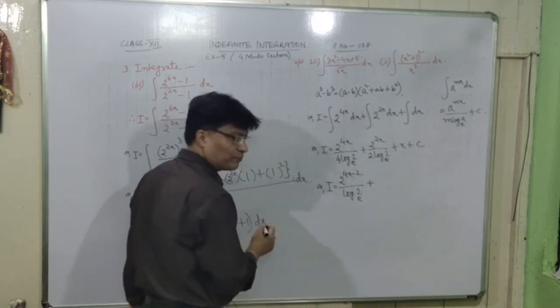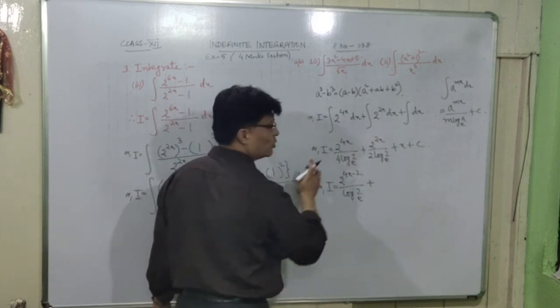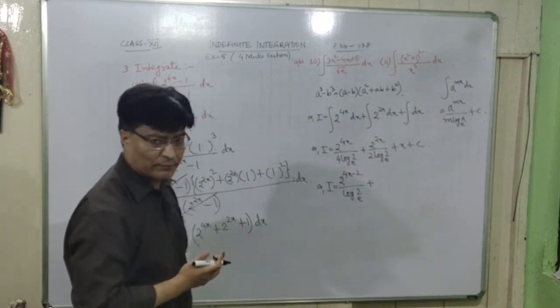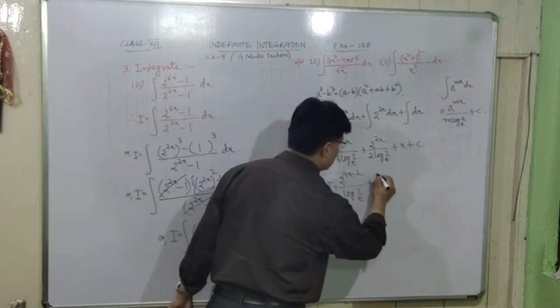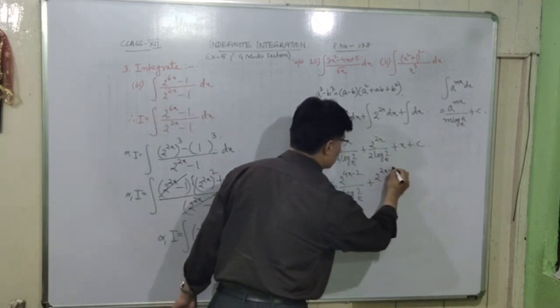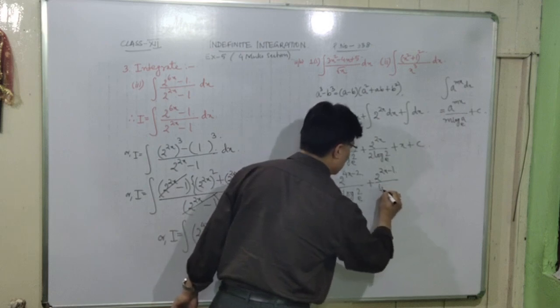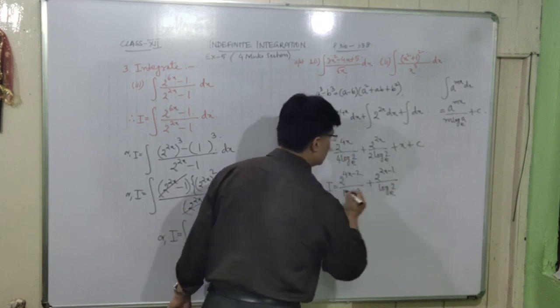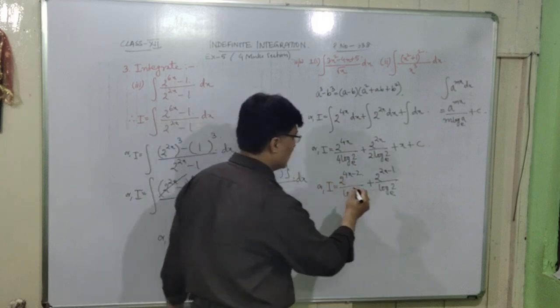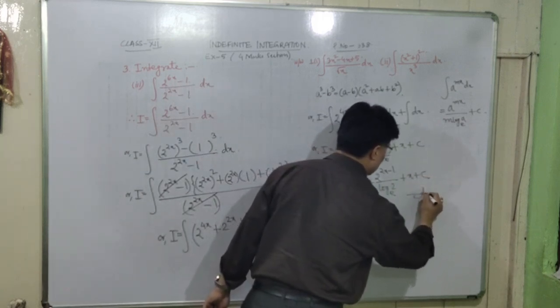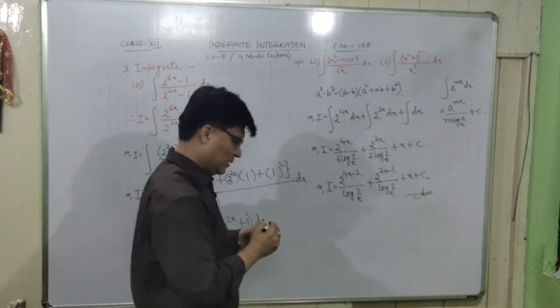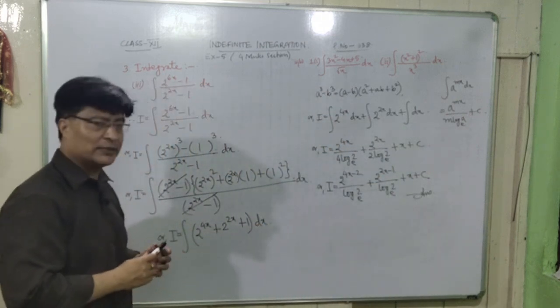Plus here also, when this 2 goes up in the numerator, it becomes 2 to the power minus 1. And you can simplify it with 2 to the power 2x. That is 2 to the power 2x minus 1 divided by log 2 base e. Okay, then you can write plus x plus c. So which is the final answer. So I think you have understood it.